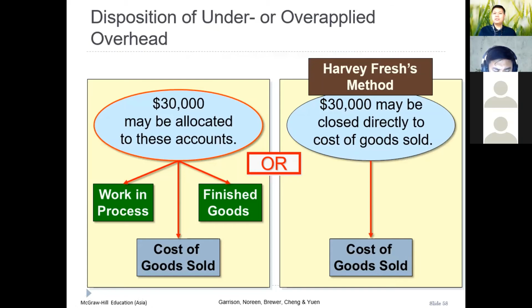I-allocate mo sila based sa ending balances of these 3. The easier approach is, isasara mo na lang siya sa cost of goods sold. So, kung under-applied siya, dadagdagan mo si cost of goods sold. Kung over-applied siya, babawasan mo si cost of goods sold.